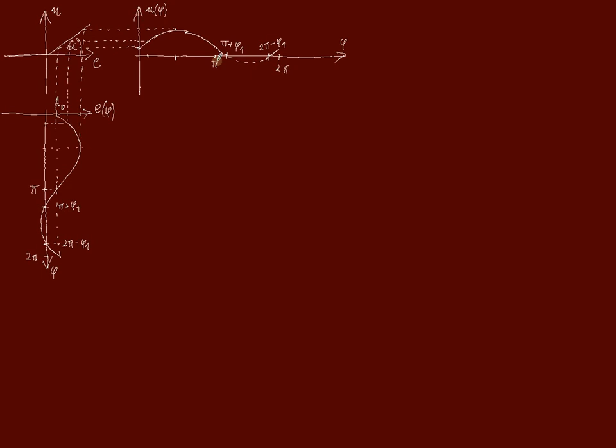But our nonlinear object takes the zero value for sign less than 0. So in the range of angles from p plus phi1 to 2p minus phi1, the function u of phi is 0.